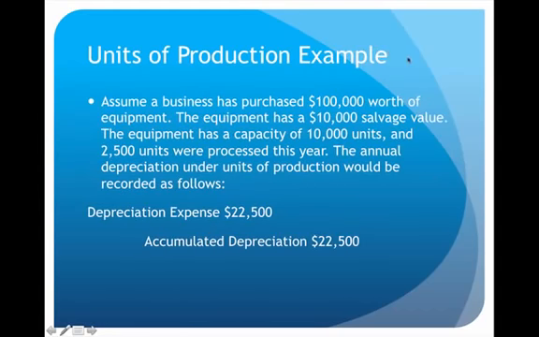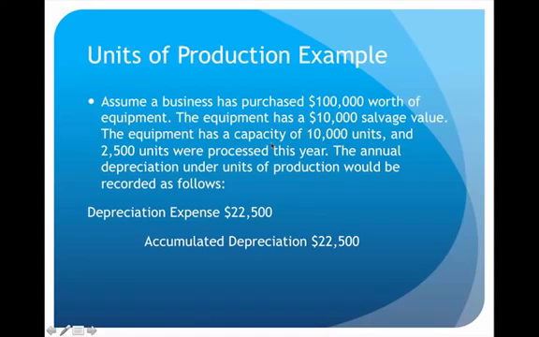So to see this in an example, a fairly similar example to the last one, it is equipment. It did cost $100,000. It does have a $10,000 salvage, but the difference here is that rather than quote us a lifespan in years, we're going to have a lifespan in terms of capacity.